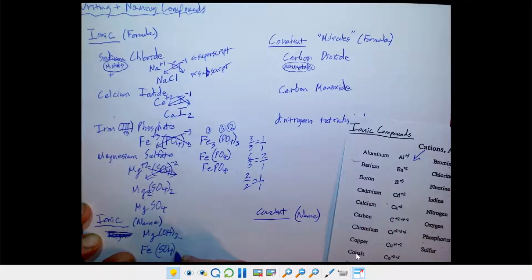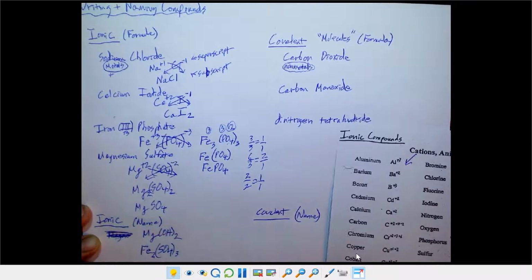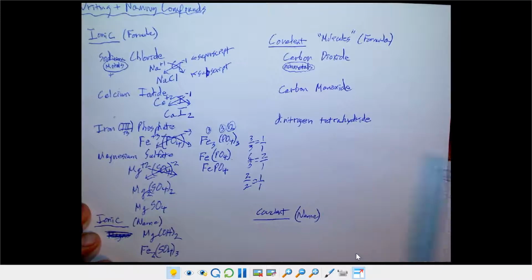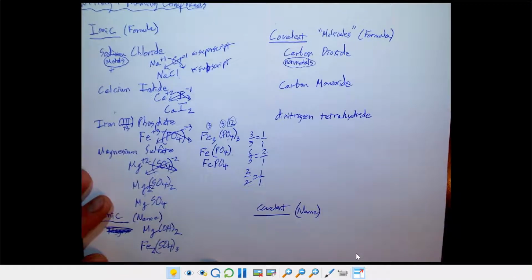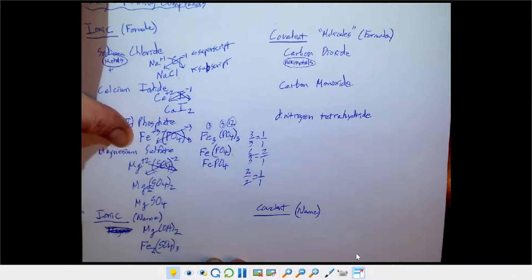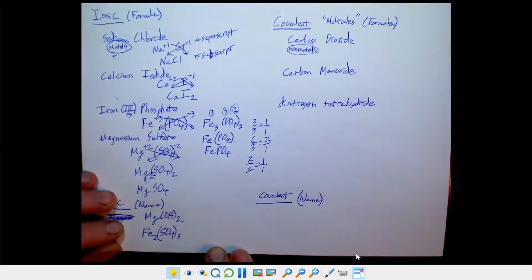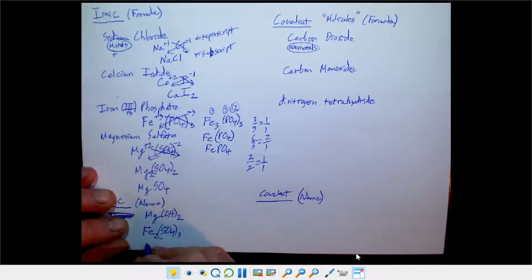And then this will end up being a 3, and this will end up being a 2. And I probably should do another one because there's some interesting things that can happen when you're going the other way around like that. Let's maybe do Pb and Cr2O7. We'll do those guys.